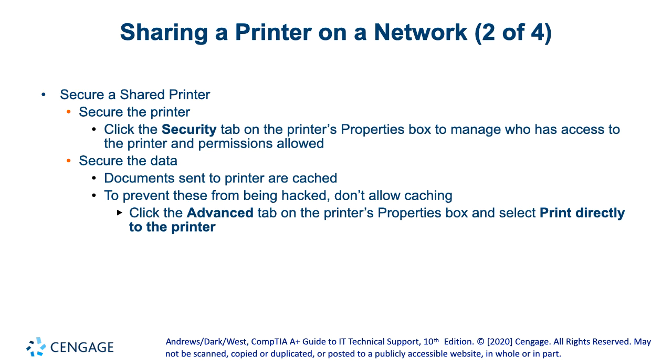You can secure a shared printer using the security tab on the printer's property box. Once again, on a shared printer, you can select print directly to the printer to prevent caching. However, if this is also a network printer with a direct connection on the network, nothing prevents someone from directly printing to the printer and going around the print server.